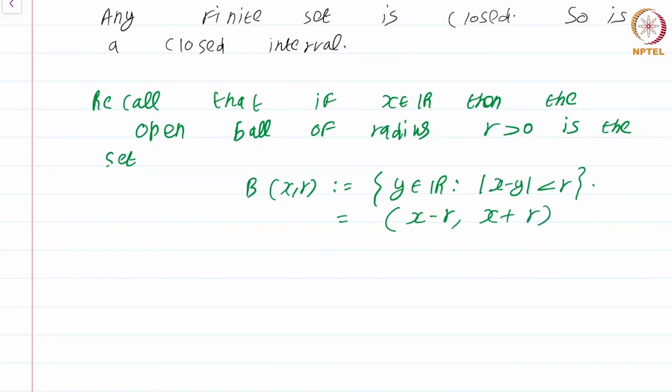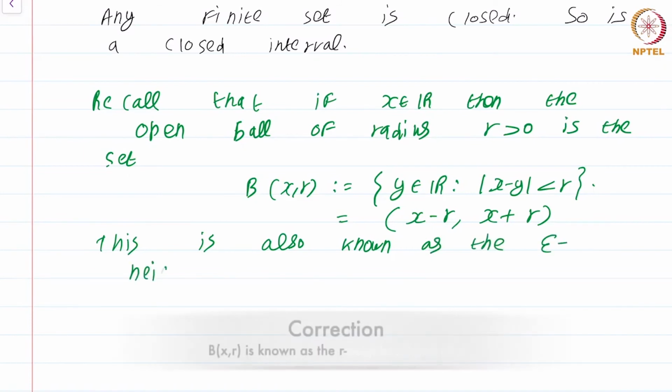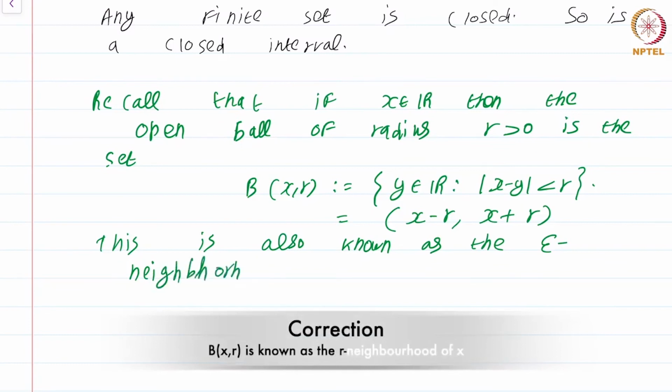This is also known as the epsilon neighborhood of X.